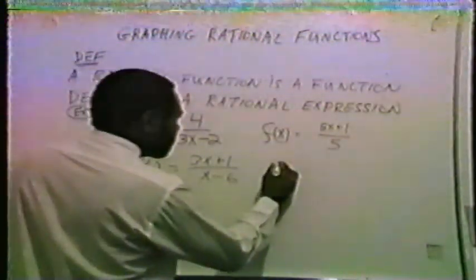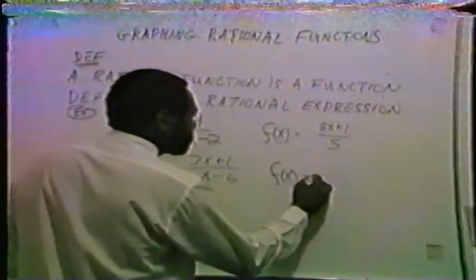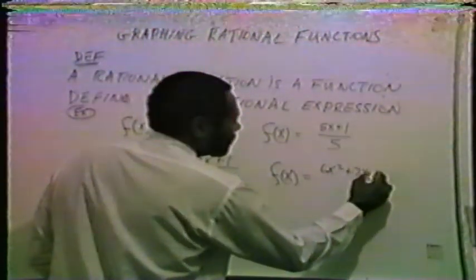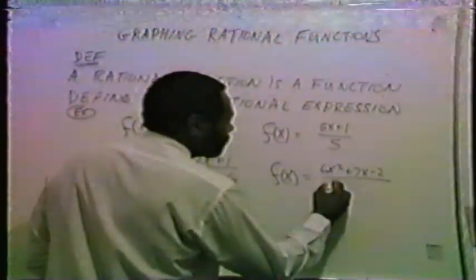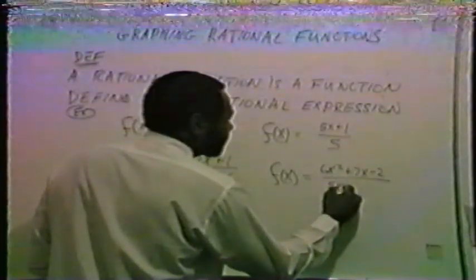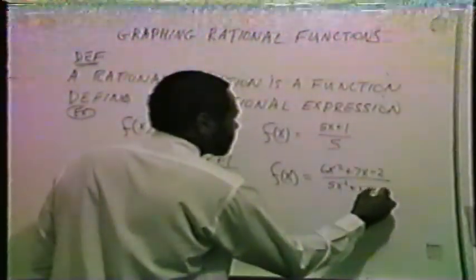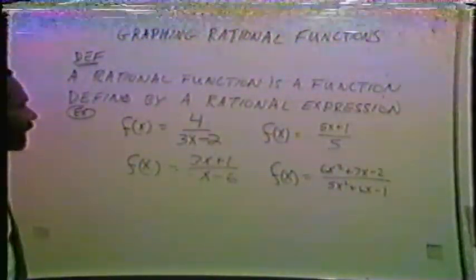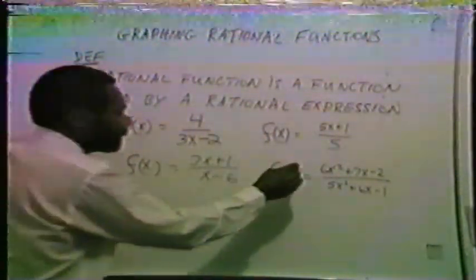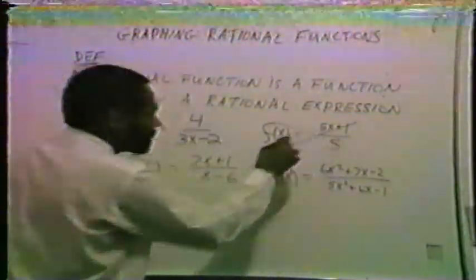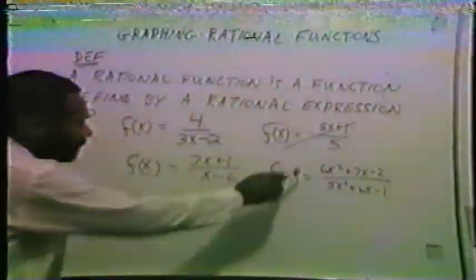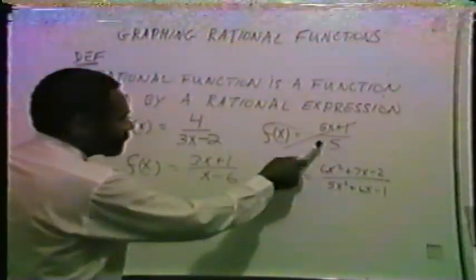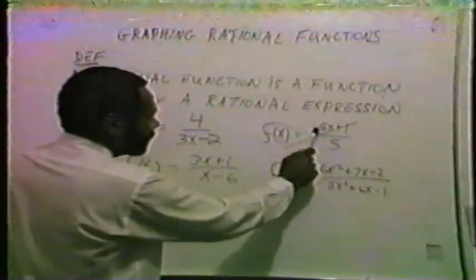Another example would be f of x equals 6x squared plus 7x minus 2 over 5x squared plus 6x minus 1. Another example of a rational function. As indicated, all of these are rational functions except this one. This would not be considered a rational function in the sense that we're using the term, because this really just reduces to a regular linear equation.